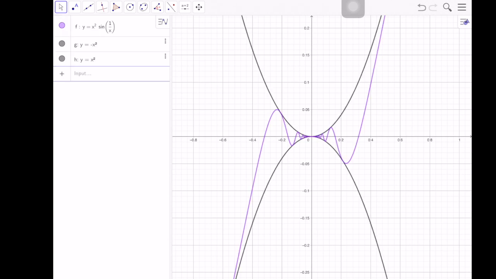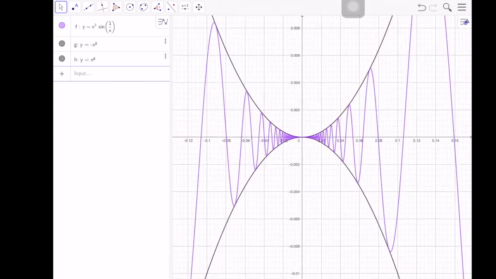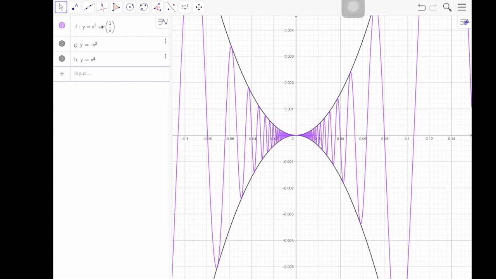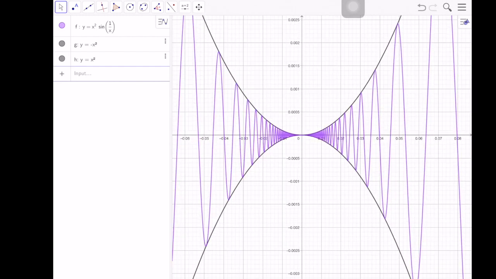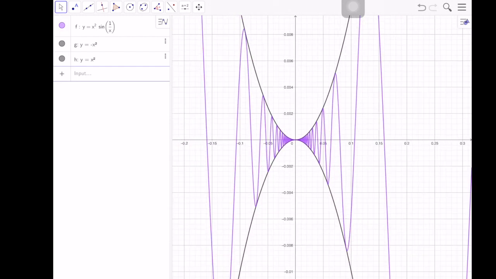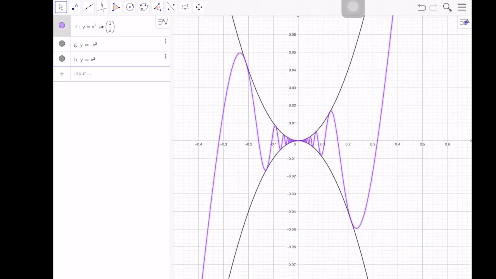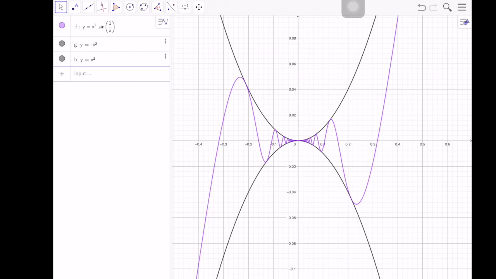And if I keep zooming in further and further, you'll see that no matter how far I zoom in, x squared times sine of 1 over x in purple stays between the upper parabola, which is just x squared, and the lower parabola, which is -x squared.